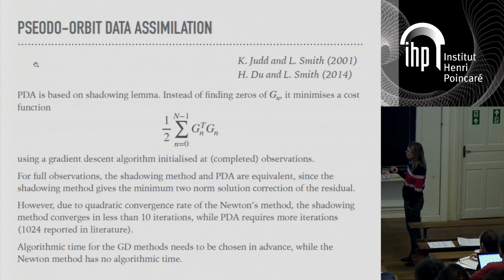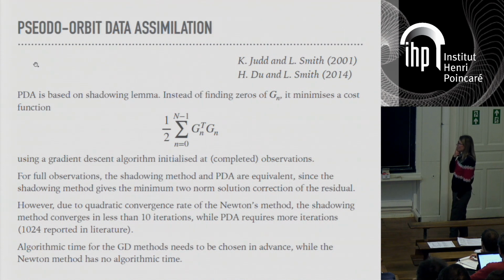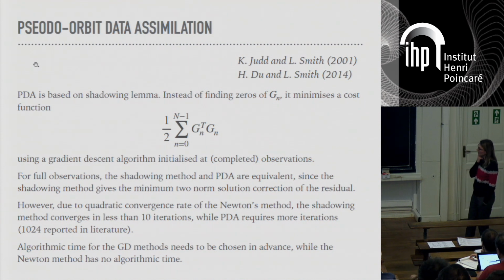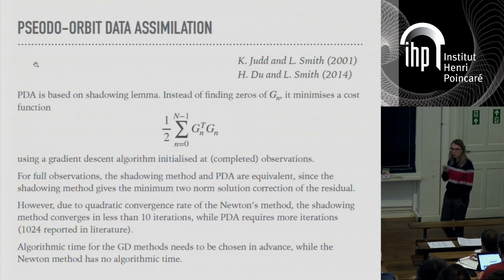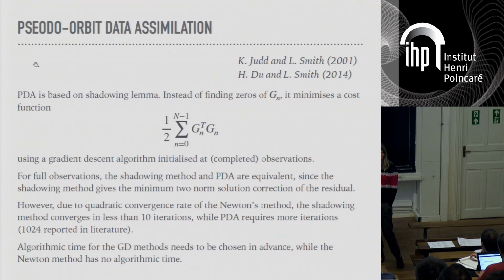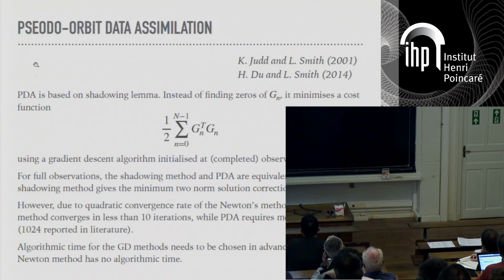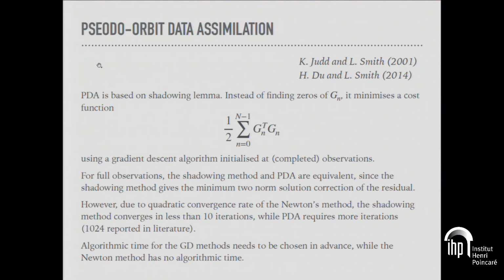In the literature, 1,024 iterations were reported. Another difference is that gradient descent involves an algorithmic time step that has to be chosen in advance or tuned with respect to the scale, and in Newton, we have no algorithmic time step. But otherwise, for a fully observed system and perfect models, they are equivalent.